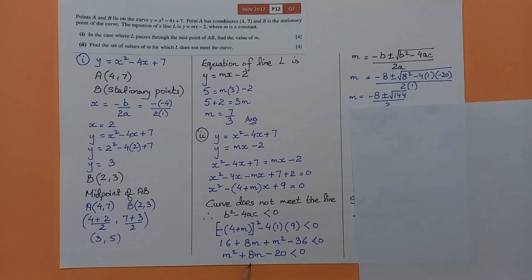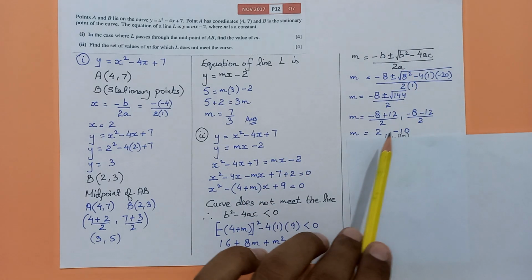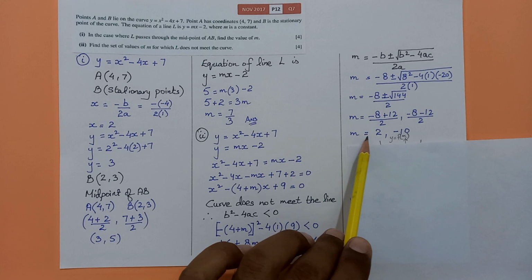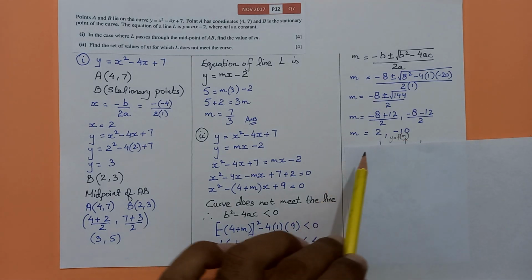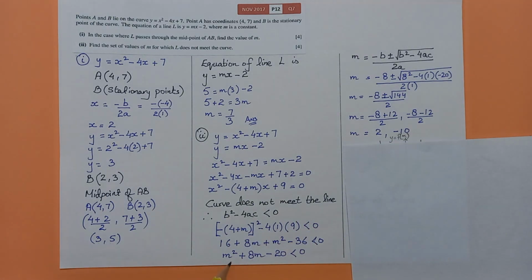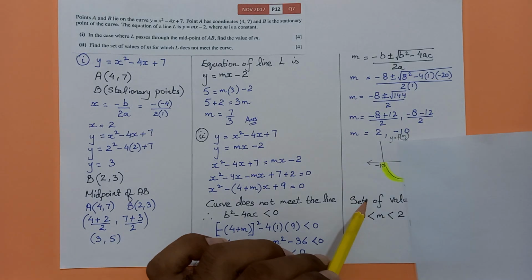Place the values a as 1, b as 8, c as -20 in the quadratic formula, and get the two values of m, which are 2 and -10.